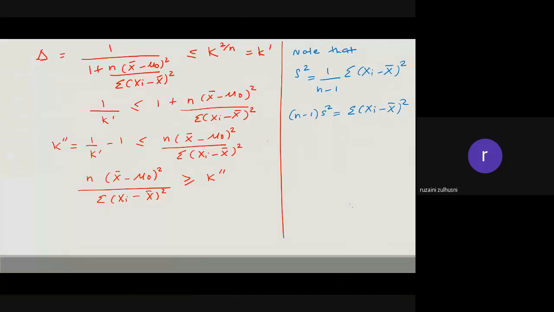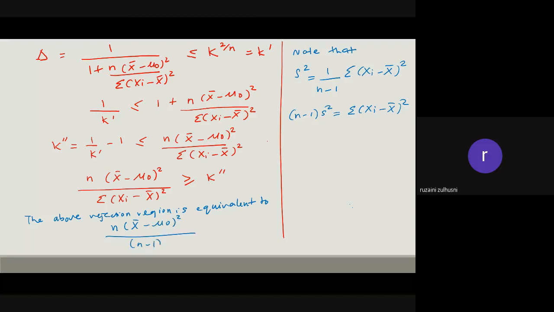The above rejection region is equivalent to, I just replace this one, n x bar minus mu naught square over n minus 1 S square greater or equal to K double prime.